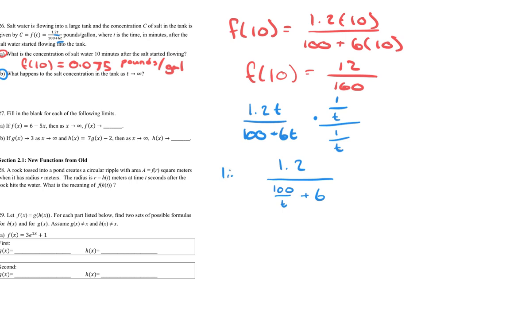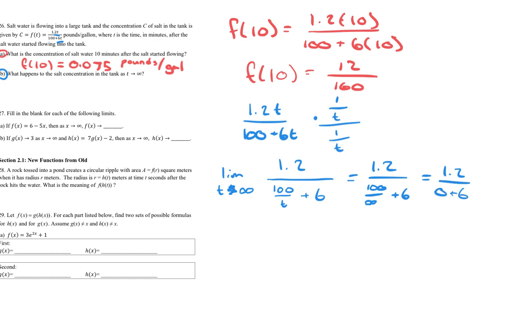So if we do this, we get 1.2 divided by 100 over T plus 6. Now if we take the limit as T approaches infinity, we're going to have 1.2 over 100 divided by a really big number plus 6, or basically just 1.2 divided by 0 plus 6.